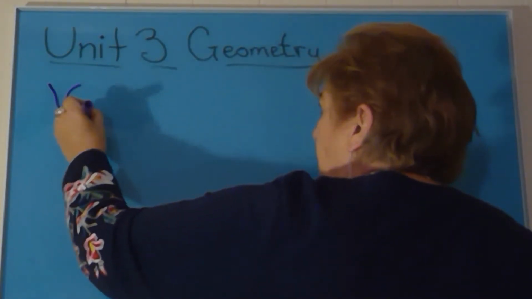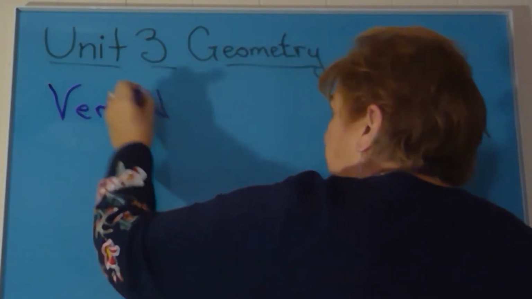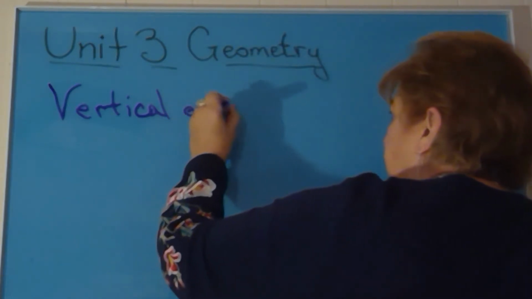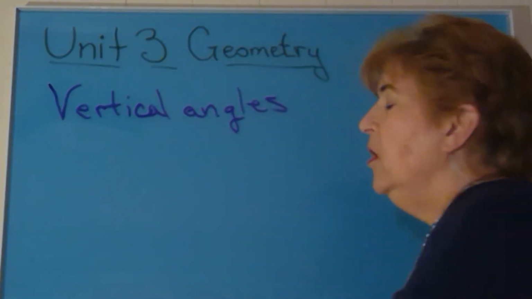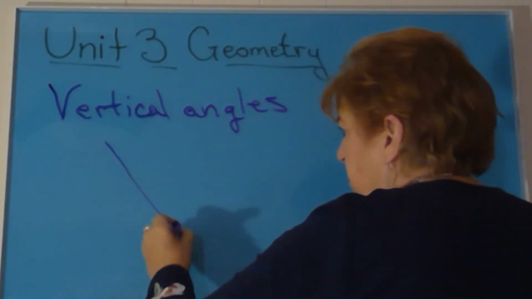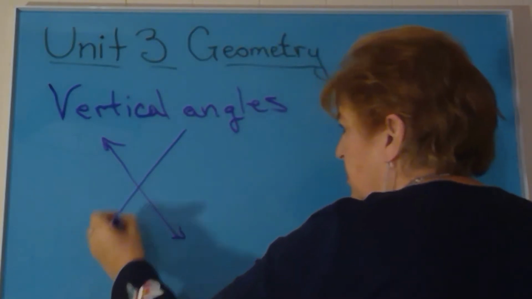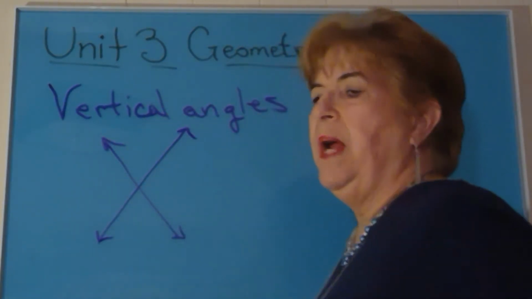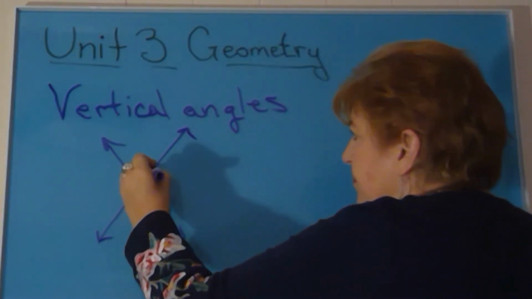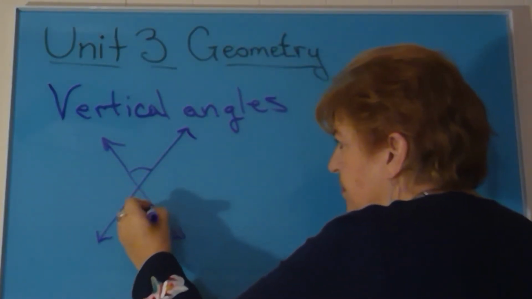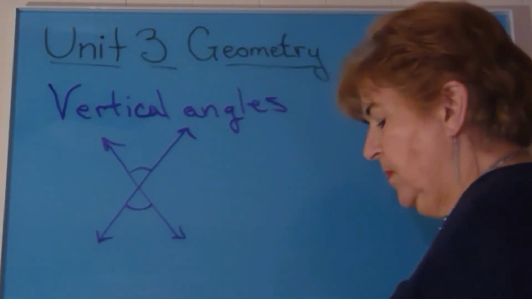We also will have vertical angles. Vertical angles are two angles that are formed by intersecting straight lines. That pair of angles are vertical angles.